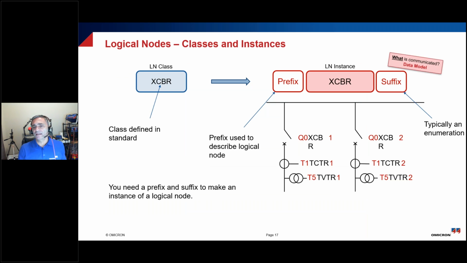You can add a prefix to the logical node to give a better description within one of these IEDs, and a suffix, typically an index number. If you have four breaker functions or logical nodes, you would have 1 to 4 here, and then you might have a prefix on that, just some additional information on it.